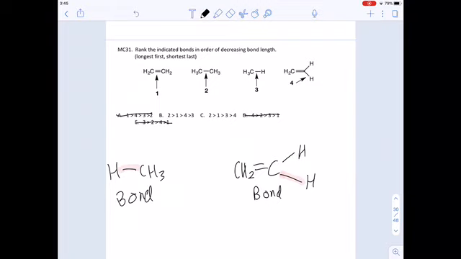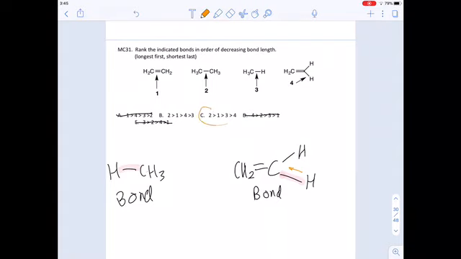But the reason why number 4 is going to be shorter than 3 is because opposite charges attract. So because you have all of this high electron density from the double bond, that's actually going to pull the proton, because obviously an H is a proton, closer to it, decreasing the bond length.